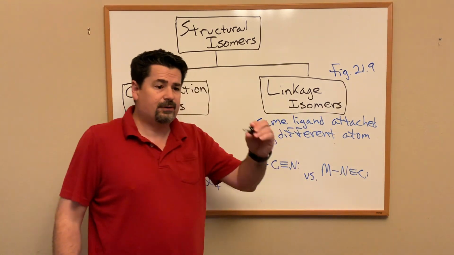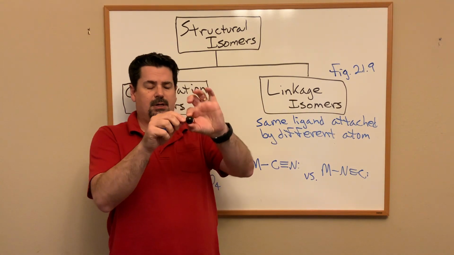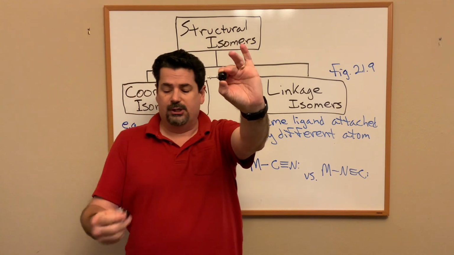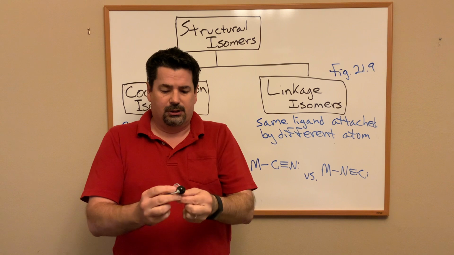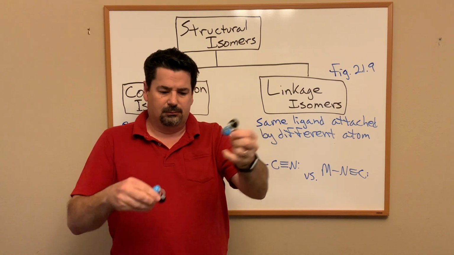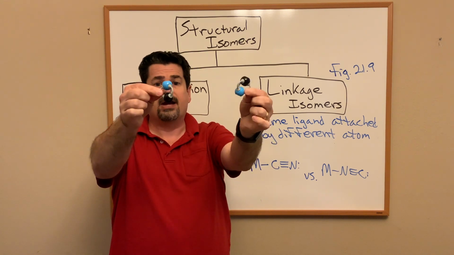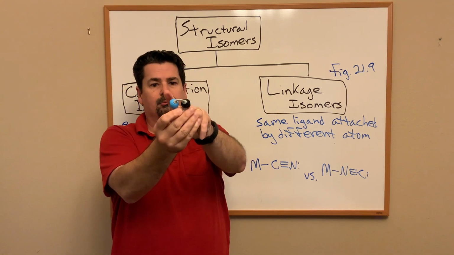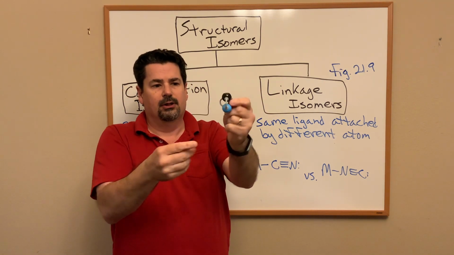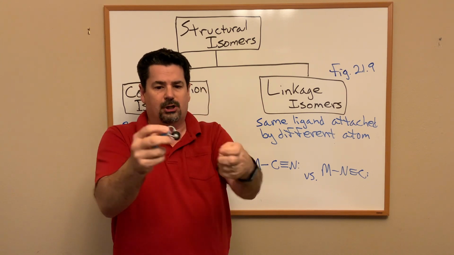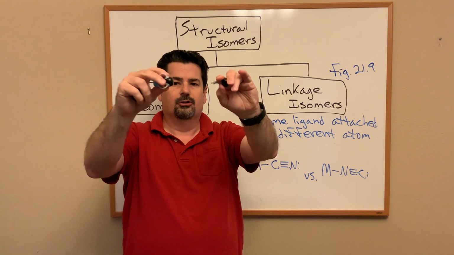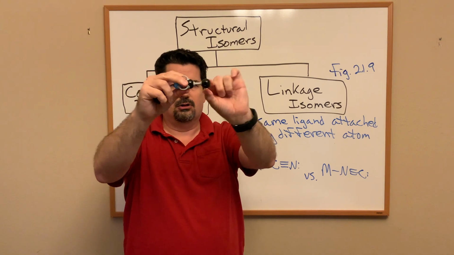So now if I take my metal here, and what's my first one? The carbon. So these are a couple of cyanide ions here. And so the black is the carbon and the blue is the nitrogen. And then we've got a triple bond between the two. I'll go ahead and link up my metal here to my carbon.